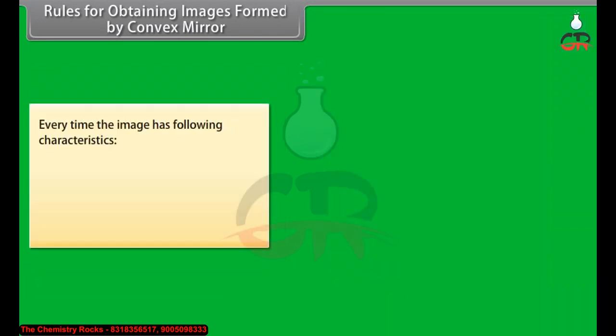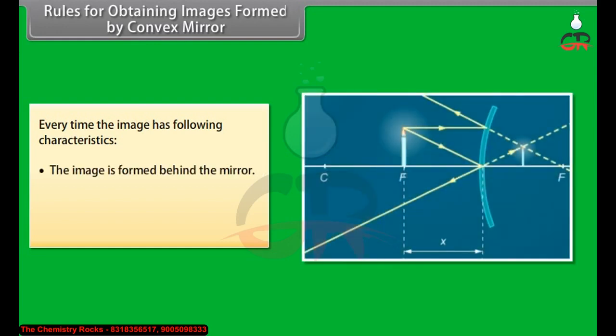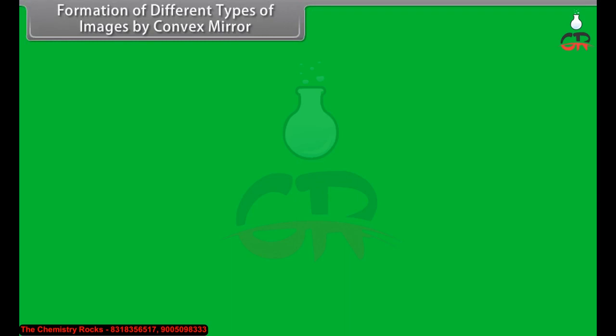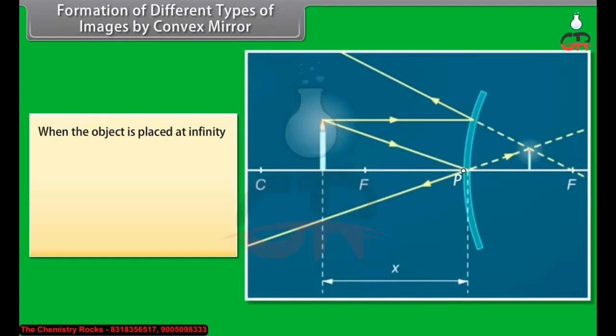Every time the image has the following characteristics. The image is formed behind the mirror. It is virtual and erect. Smaller than the object. Formation of different types of images by convex mirror. When object is at infinity, image is formed behind the mirror.